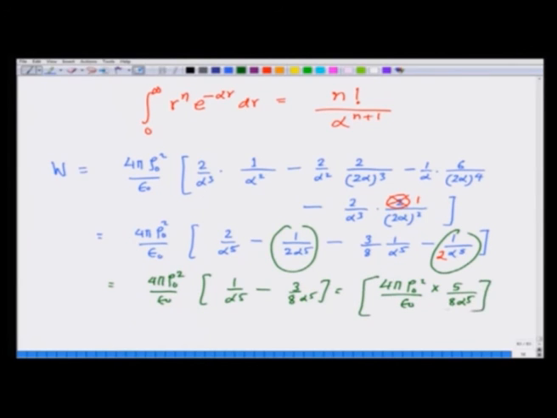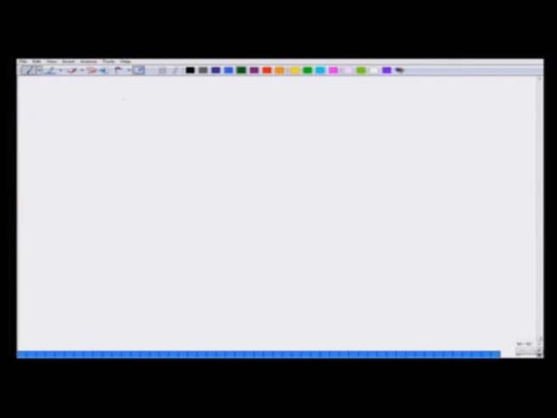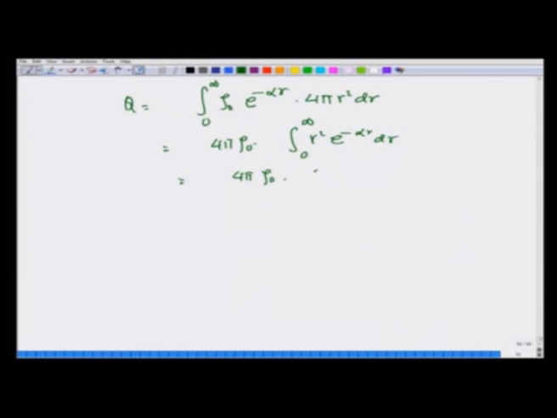That is my answer. What about rho 0 in terms of the total charge? Now, total charge q is equal to the integration of rho 0 e raised to minus alpha r times 4 pi r square dr from 0 to infinity, which is 4 pi rho 0 integration r square e raised to minus alpha r dr from 0 to infinity, which is 4 pi rho 0 times 2 factorial divided by alpha cubed.